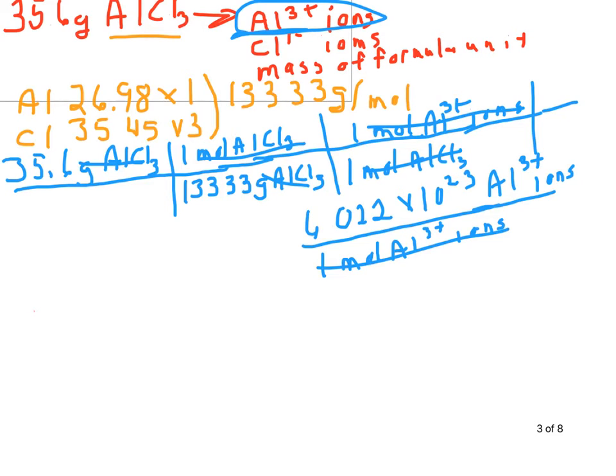We take 35.6 divided by 133.33 times 6.022 times 10 to the 23rd. And we get 1.61 times 10 to the 23rd aluminum ions.